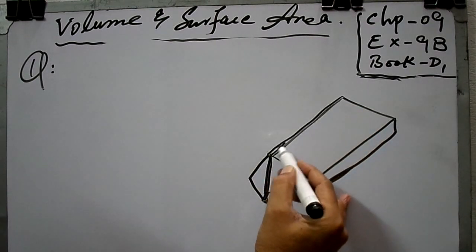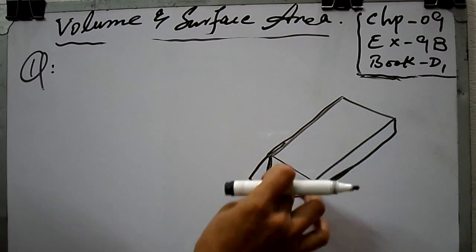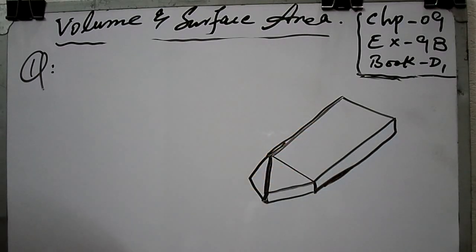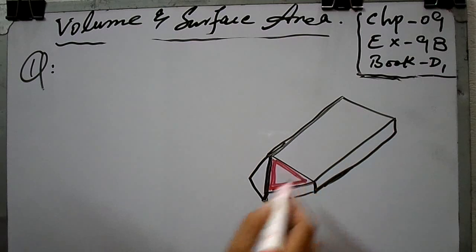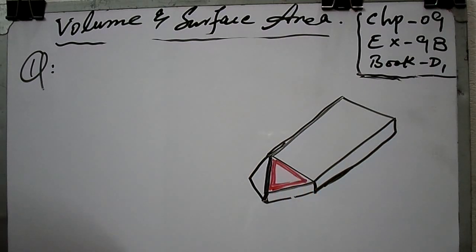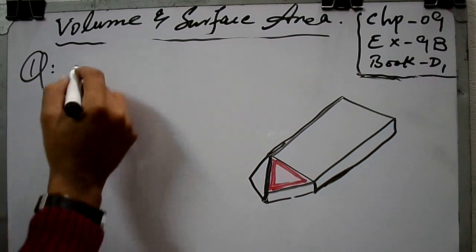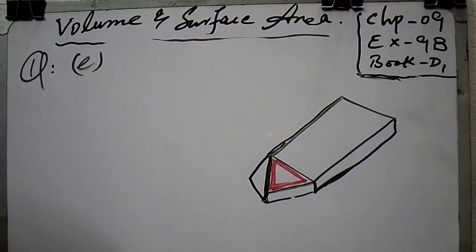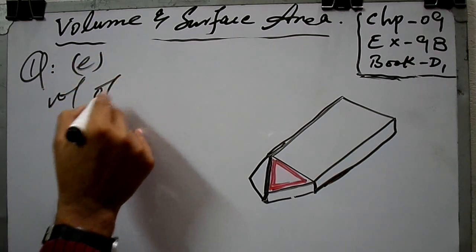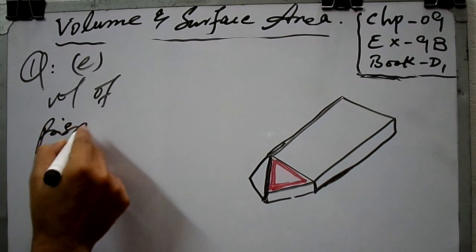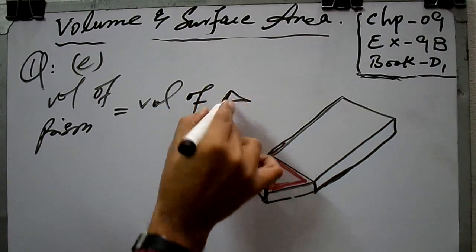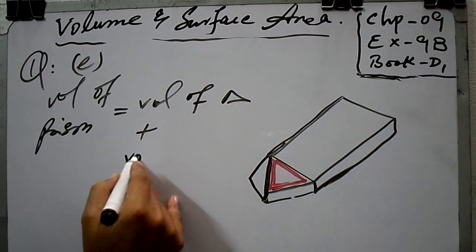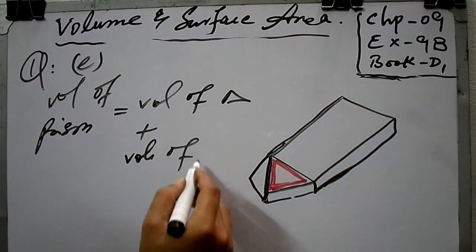So in this case you can see one is your triangle, which is very much clear to you, and the other is your rectangle. If you can find the volume of both, so you can find the volume of the prism. Volume of prism is equal to volume of triangle plus volume of rectangle.